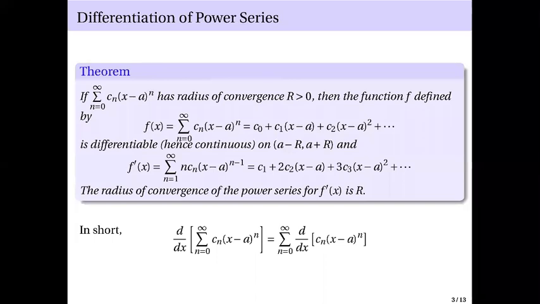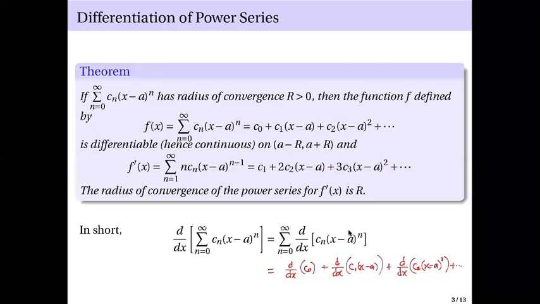If we do that, let us expand this a little. In here, you have the derivative with respect to x of the constant c sub 0, plus the derivative with respect to x of c1 times (x minus a), plus the derivative with respect to x of c2 times (x minus a) squared, plus so on and on.